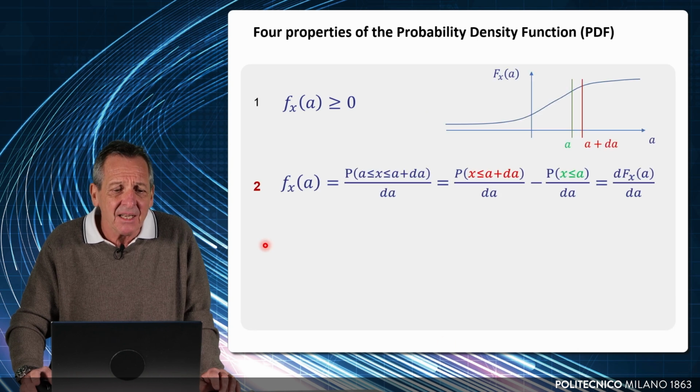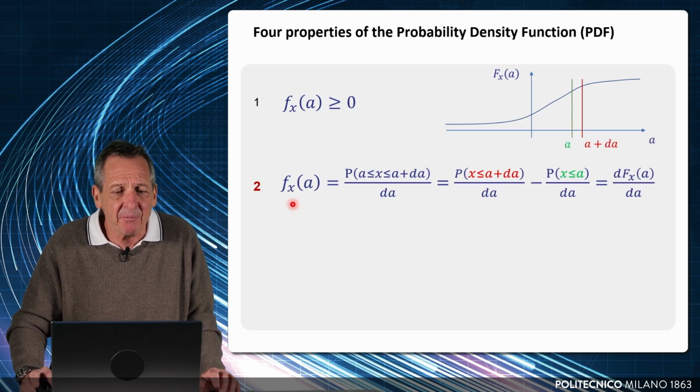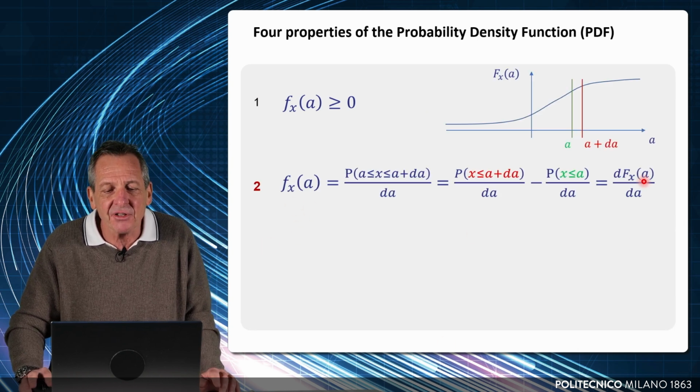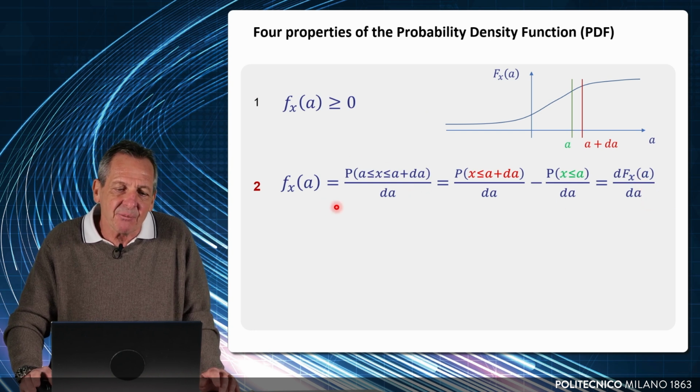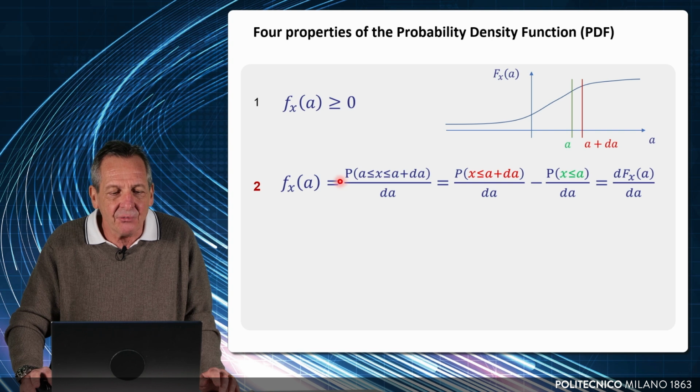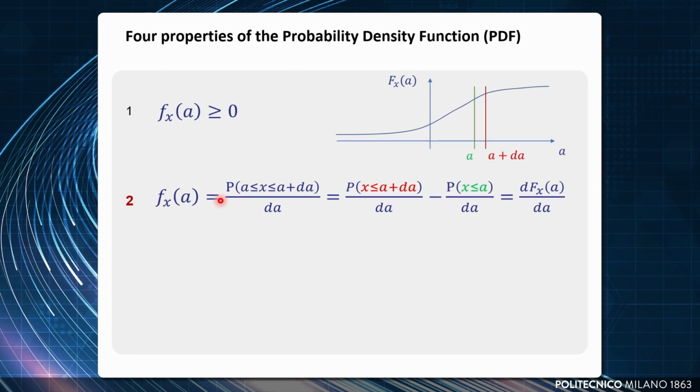The second one is that the probability density is the first derivative of the cumulative function. And this can be demonstrated quite easily. In fact, if we consider this probability that x is within the interval a and a plus dA, we can write this as the probability that x is less than a plus dA minus the probability that x is less than a.